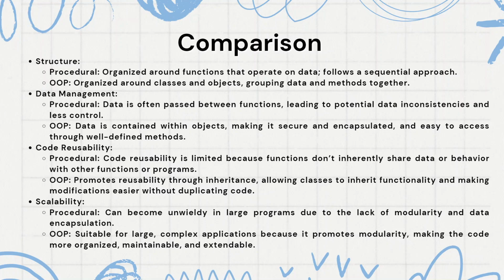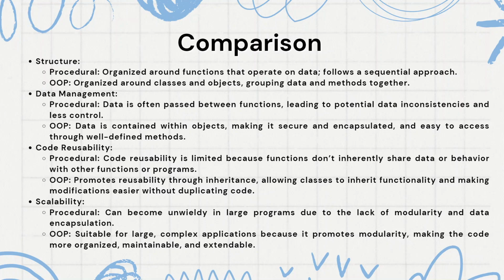In terms of data management, in procedural programming, data is often passed between functions, leading to potential data inconsistencies and less control. While in OOP, data is contained within objects, making it secure and encapsulated and easy to access through well-defined methods.